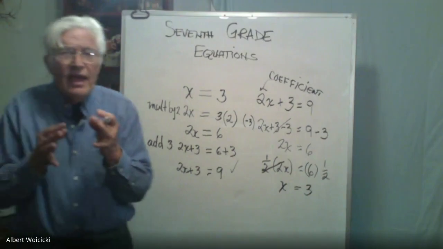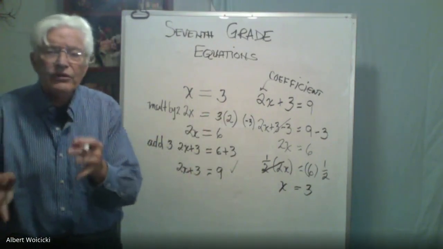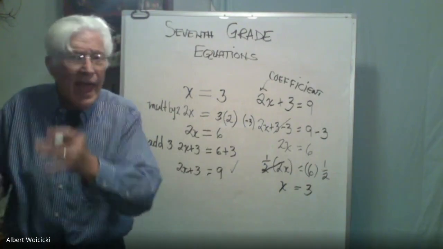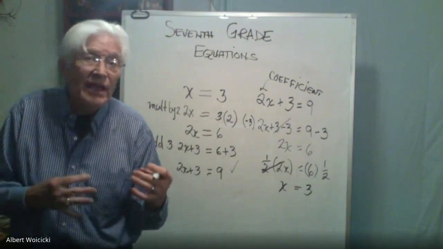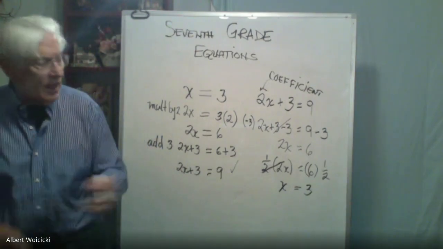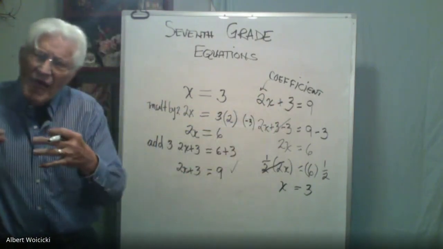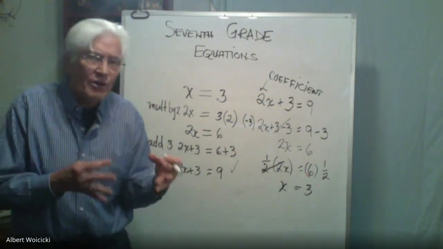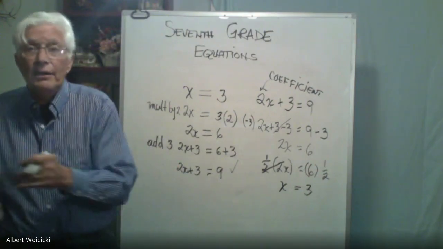And if they write down the equation right here and they don't know what to do to start with, ask them, how do I get rid of something? Remember, the x is on the left-hand side. And ask them to read it. 2 times some number plus 3 gives me the number 9.